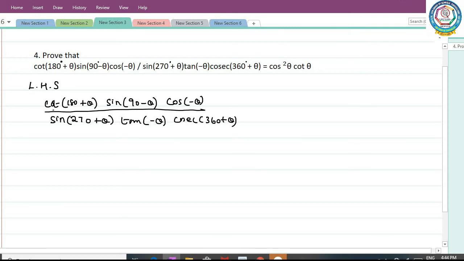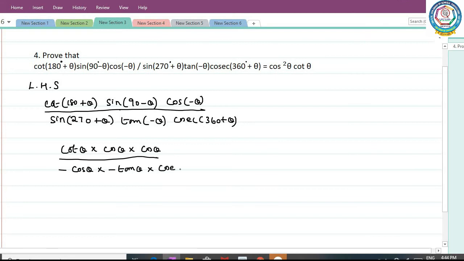We know that cot of 180 degree plus theta is equal to cot theta, sine 90 minus theta is cos theta, then cos of minus theta is cos theta, divided by sine 270 plus theta, which is minus cos theta, into tan of minus theta, which is minus tan theta, into cosecant 360 plus theta, which is cosecant theta.